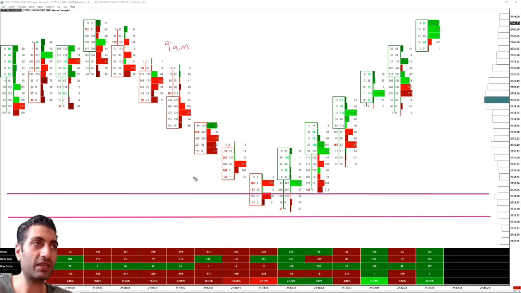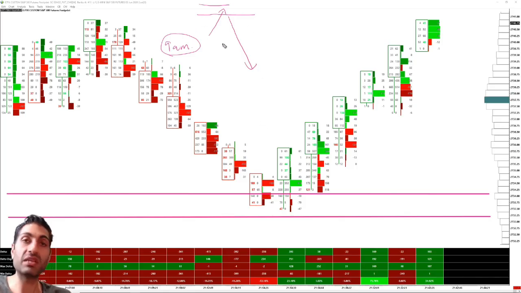So what am I typically looking to do? If I'm here at 9 a.m., it could be that I have a contextual level up here and I'm looking to fade that level, and it can be a continuation or it can be mean reversion back into value. But in this particular case, just because this is what I did with the pound, I'm looking to do the same thing but at the other extreme.